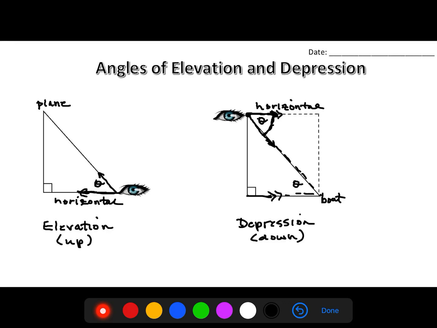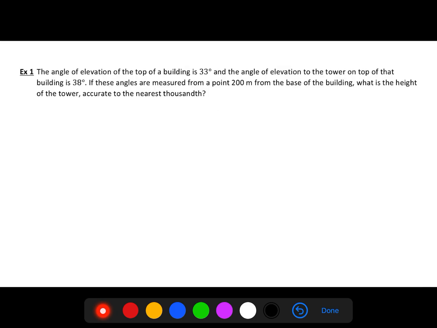Now, if we're creating a diagram, we do need to show that we first of all have our angle of depression in here, but then we can also show that it's the same angle down here. Okay, so taking a look at some questions here.